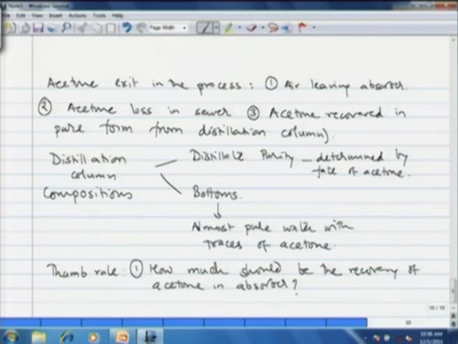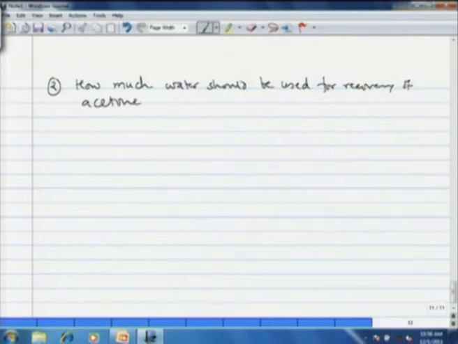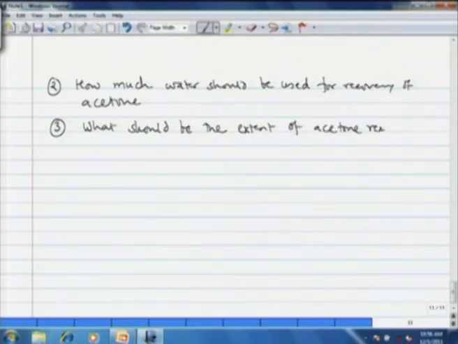Second question, how much water we should use for recovery of the acetone? And the third is what should be the extent of acetone recovery in distillation column.